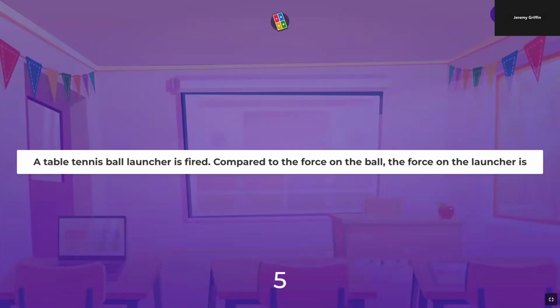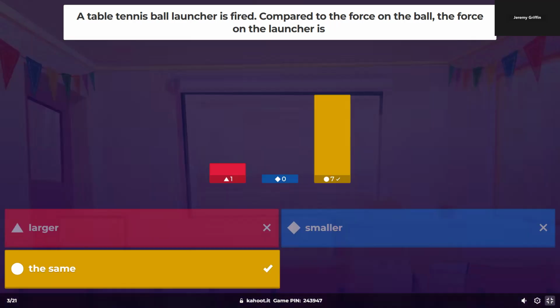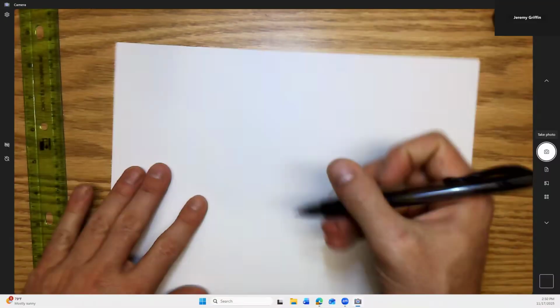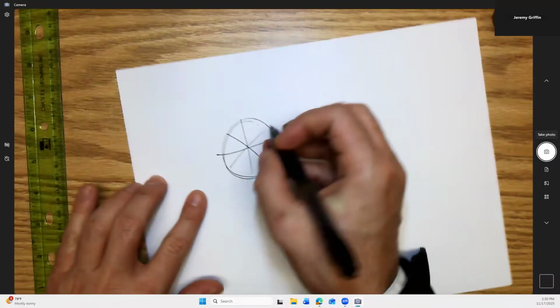Table tennis ball launcher is fired. Compared to the force on the ball, the force on the launcher is what? The same force. Is that Newton's third law of motion? Newton's third law. Okay, good. Let's draw this out. So we got this table tennis ball launcher. I'll draw it as a cannon, but you guys get the idea.